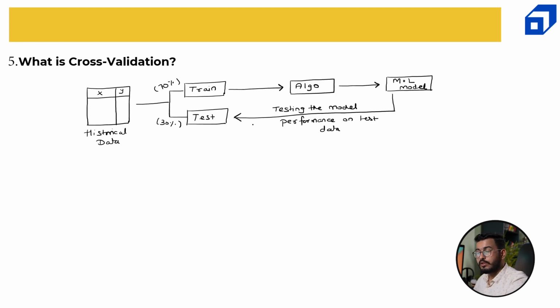Now if the model performance on the test data is not satisfactory, I'll go back to the algorithm to retune it. Then I'll get a new model which I'm again going to test on the test data, and I'll keep doing it until my machine learning model starts working well for both train and test data.